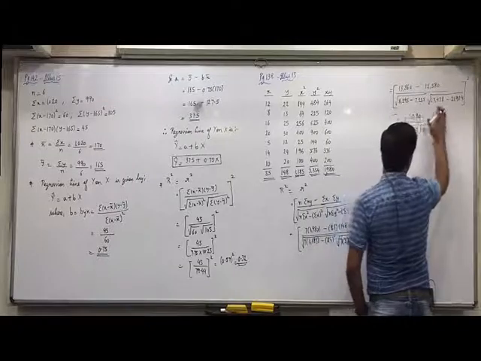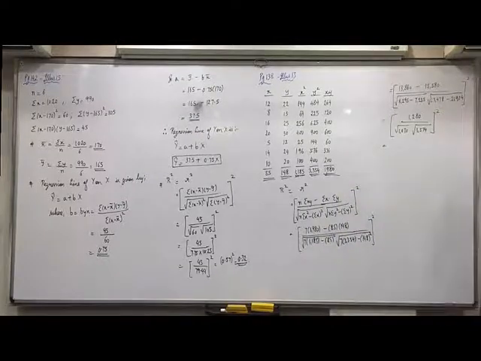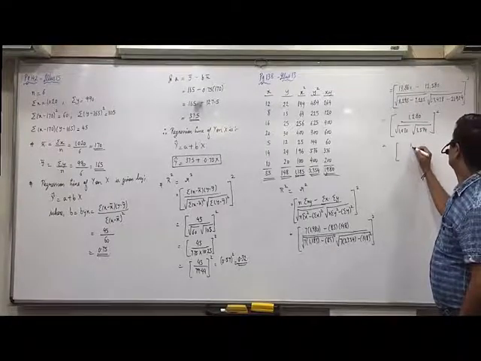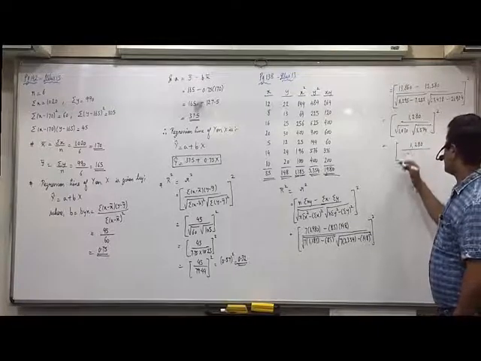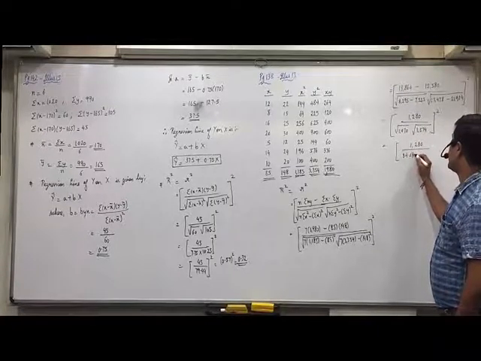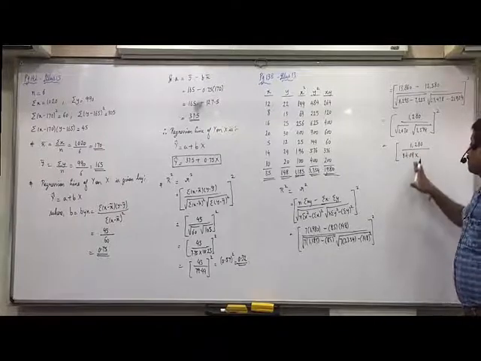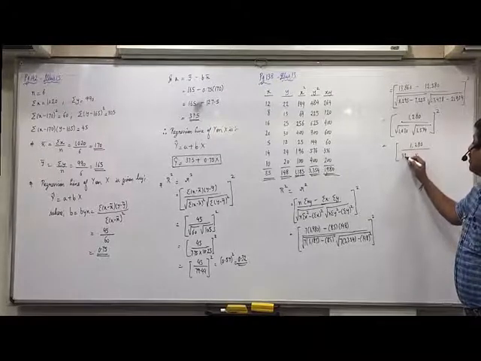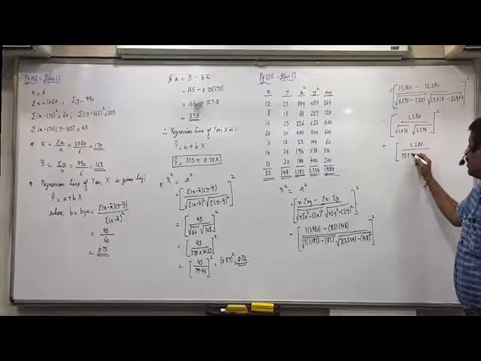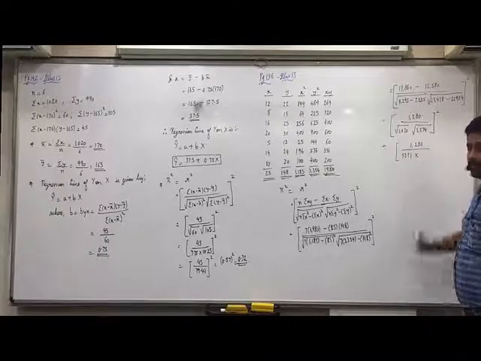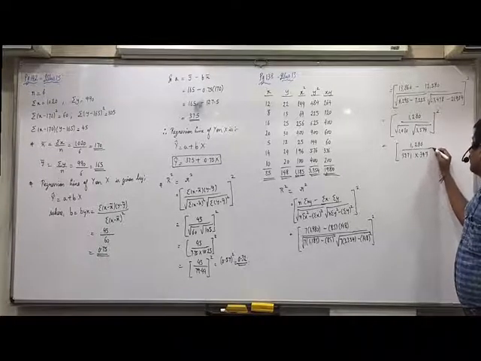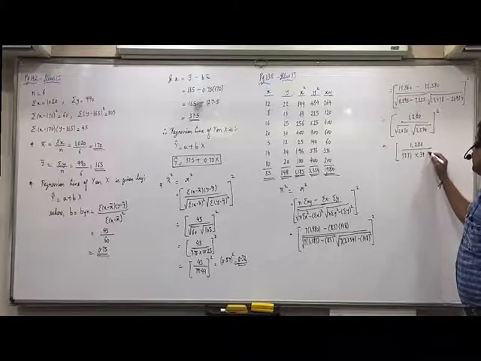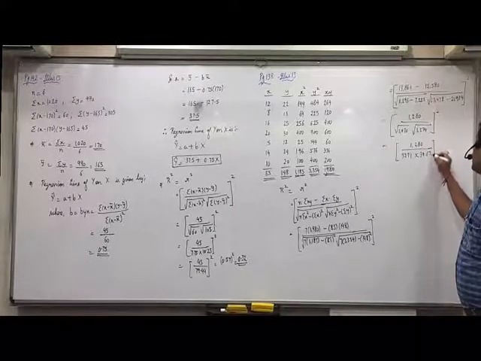So now the whole square. Square root of 1070 is 32.71, and square root of 1574 is 39.67.